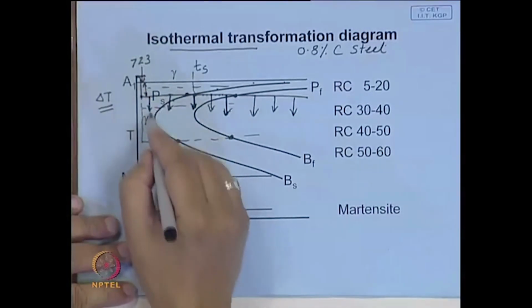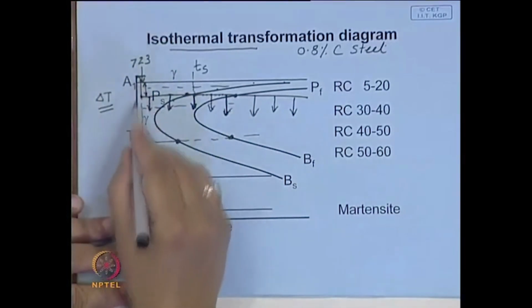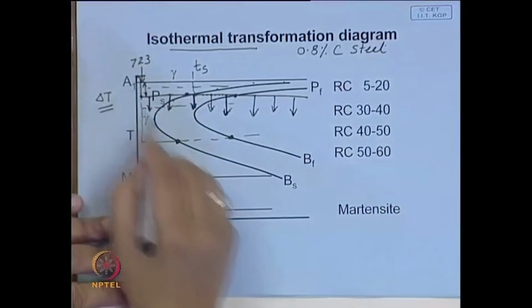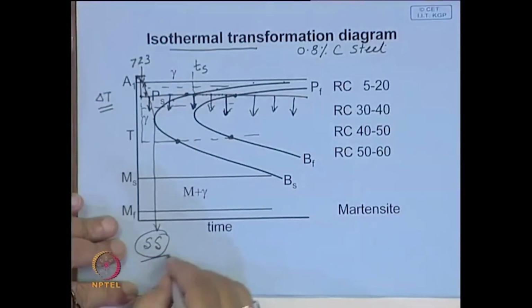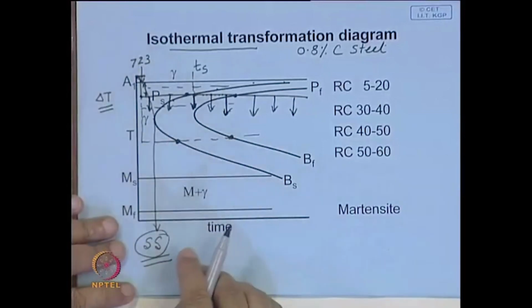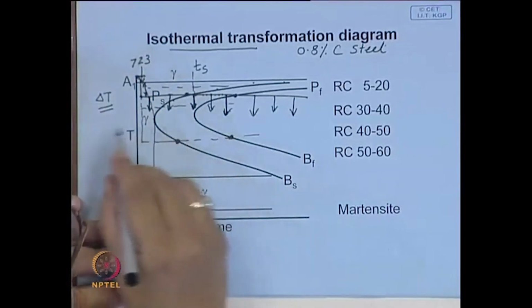So, there also to get a supersaturated structure. Here also we will see if you cool faster than a critical cooling rate, then you get a supersaturated structure, and we will know about it in a little detail a little later.